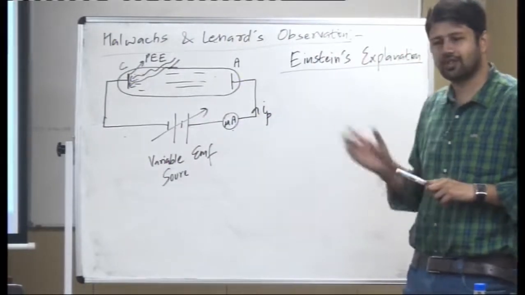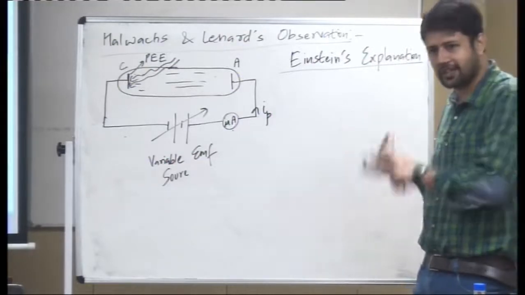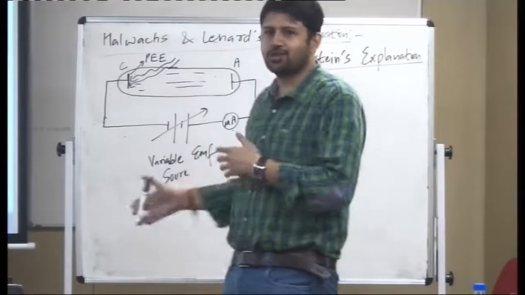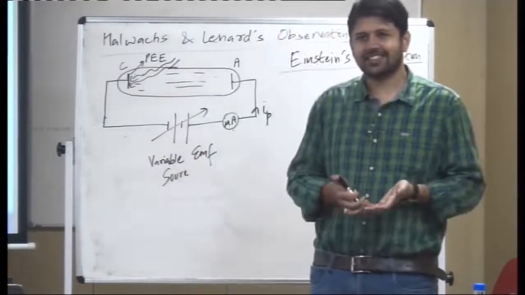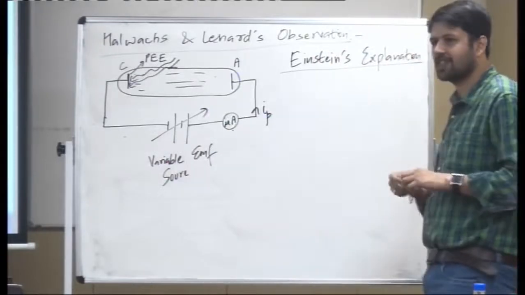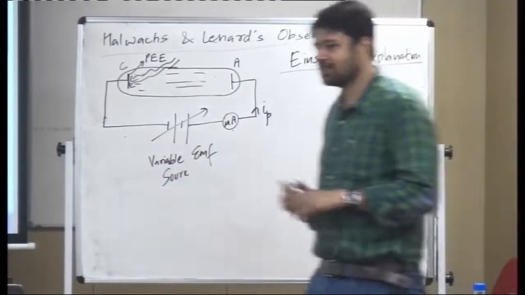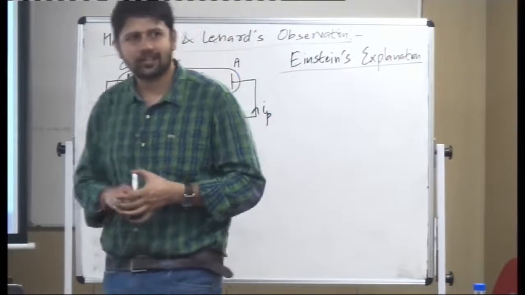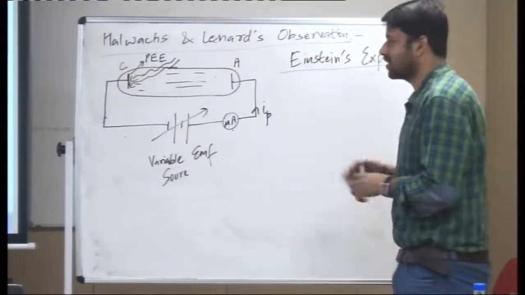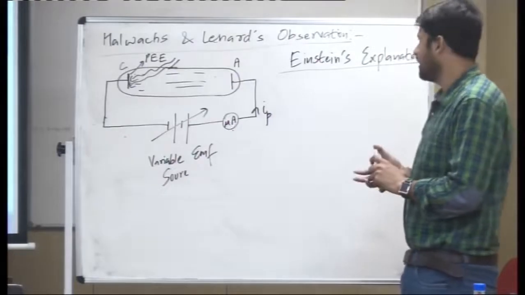He was awarded the Nobel Prize for the explanation of the photoelectric effect. It might appear an easy thing, but it was one of the puzzling problems of physics in those days. He explained it, and it took him a lot of time, 19 or maybe 16 years, with experimentation. So let's study.